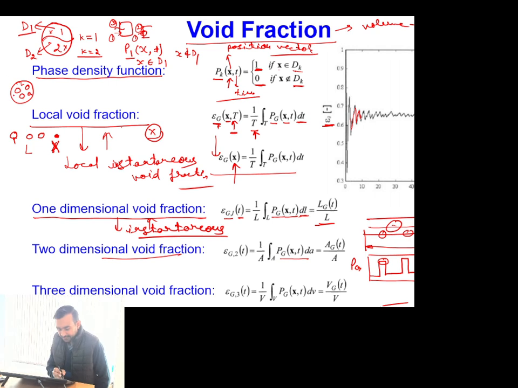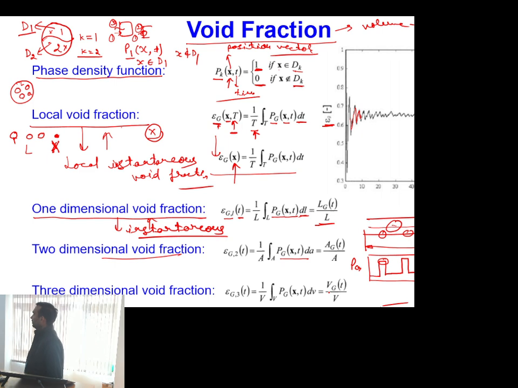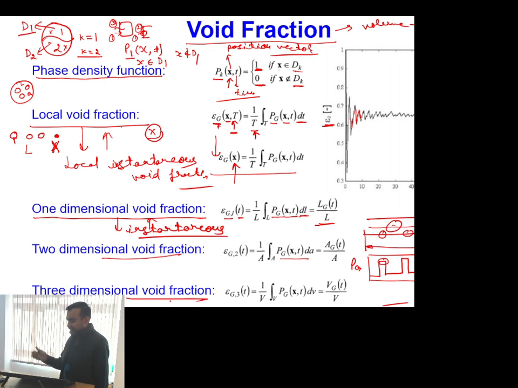So if it is 0 everywhere else and I am doing integration over the area, this integration will give me the area of gas bubbles at any given time t divided by the total cross-sectional area. Fine. Similarly, if I have to measure the three-dimensional void fraction, then it will be nothing but my volumetric integral. All are clear with this point?